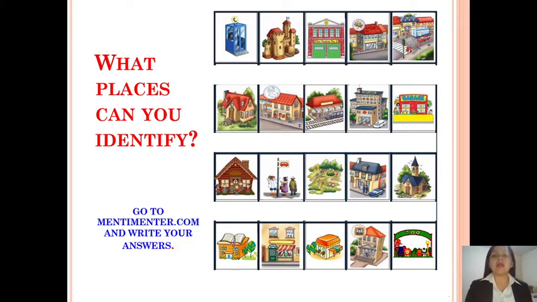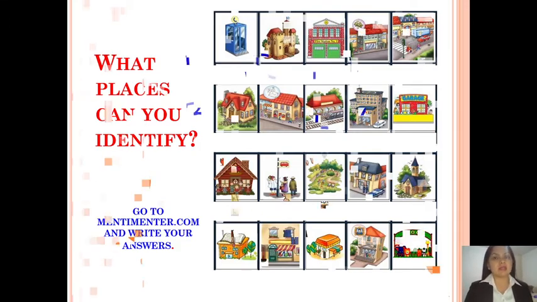Maybe you can identify the zoo, right? Maybe the hospital, why not, right? Maybe a store, right? So look at a picture and tell me. Think about your answers, and you're going to share your answers in your class.